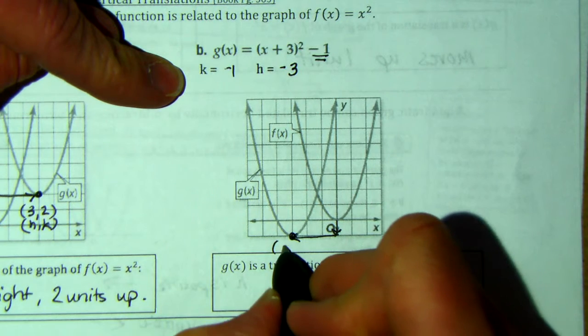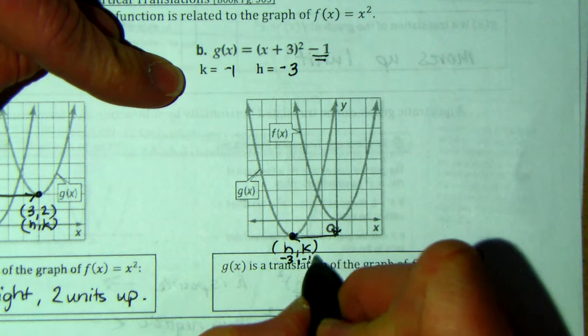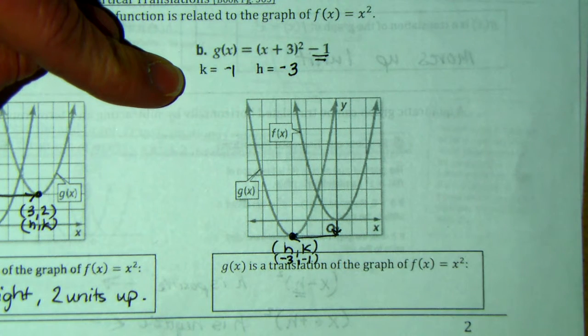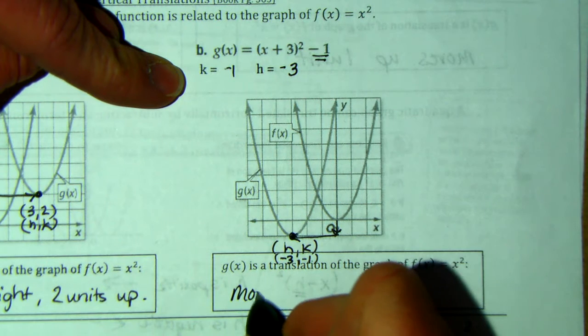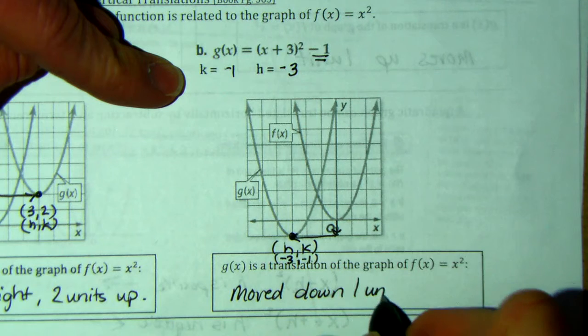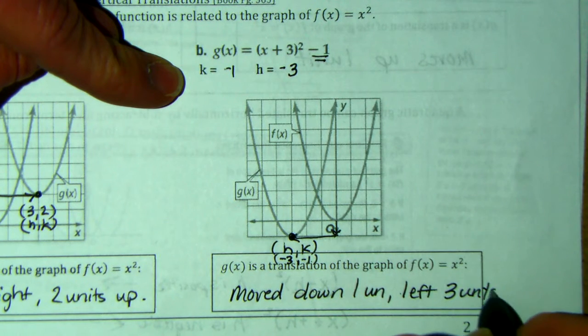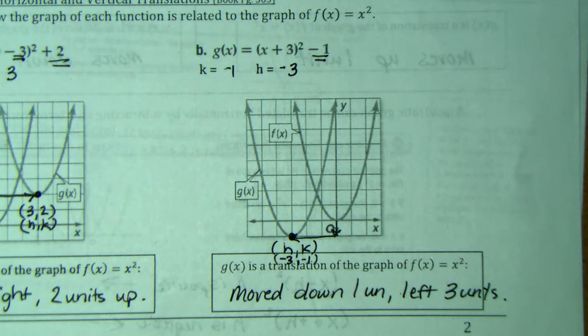But what happened to our original function? We moved down 1 unit and to the left 3. Very good. So we moved it up, down, left, right. Everybody good on that one?